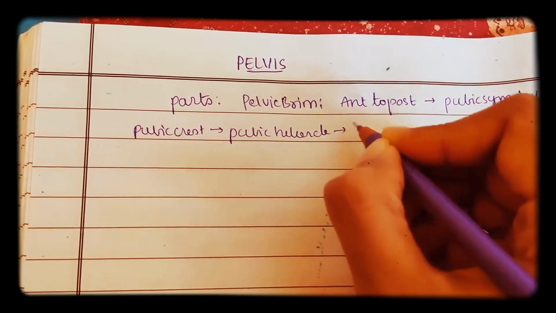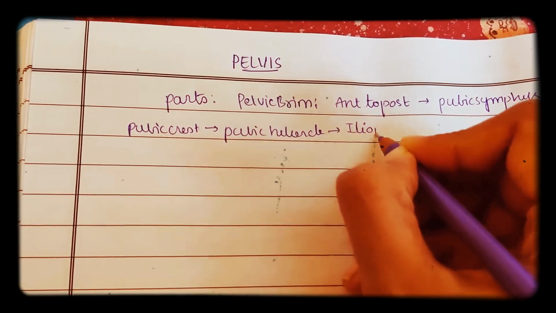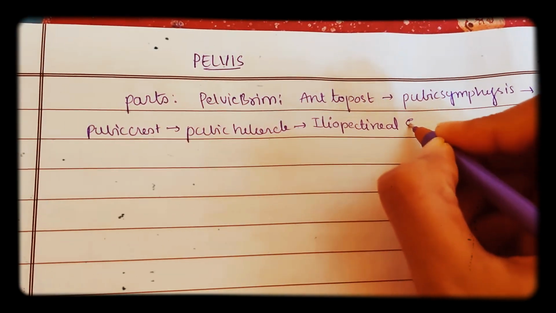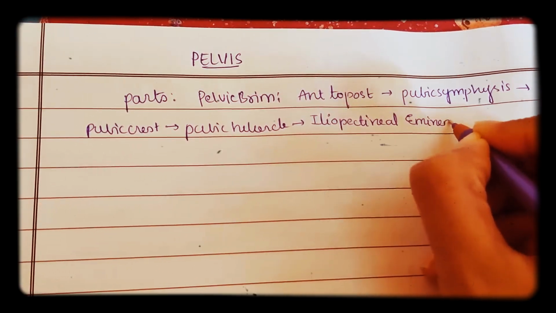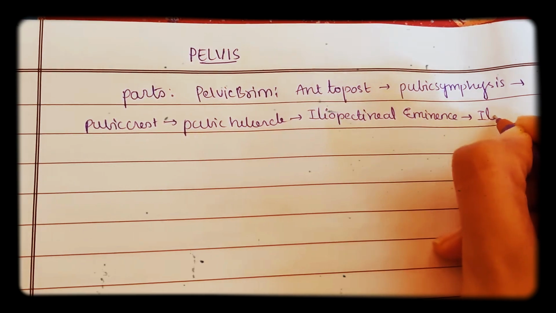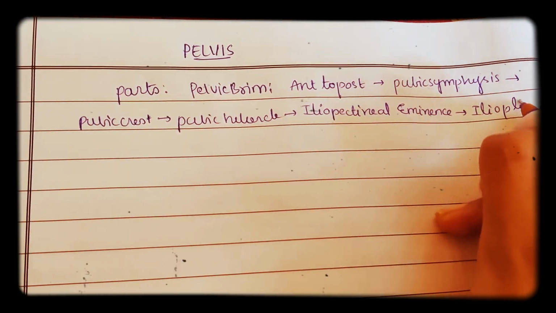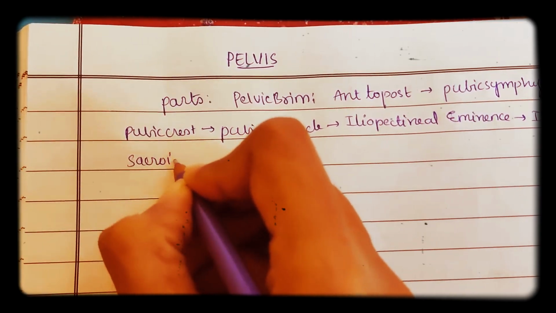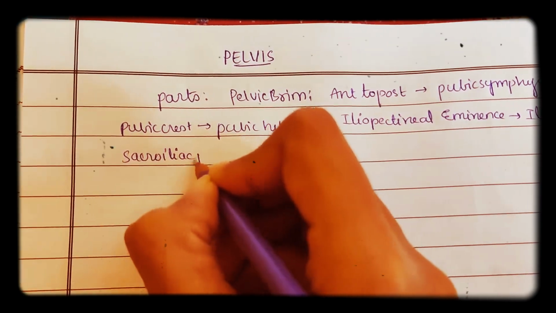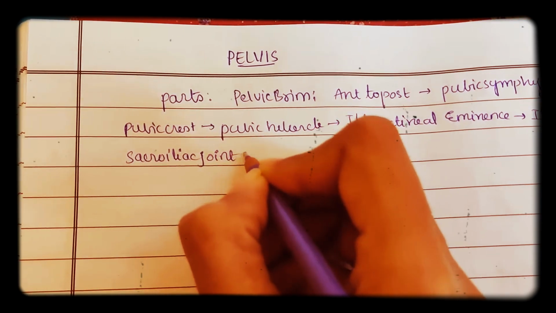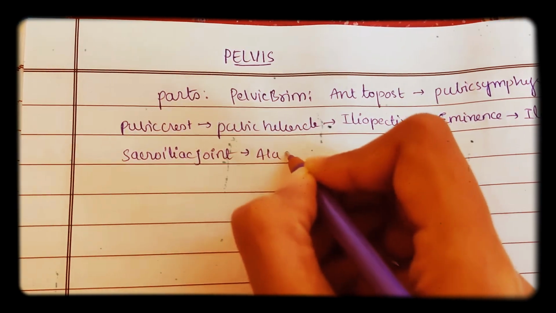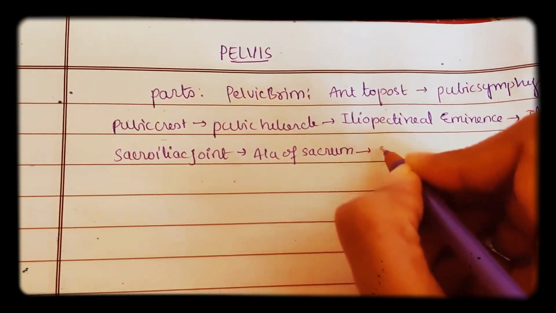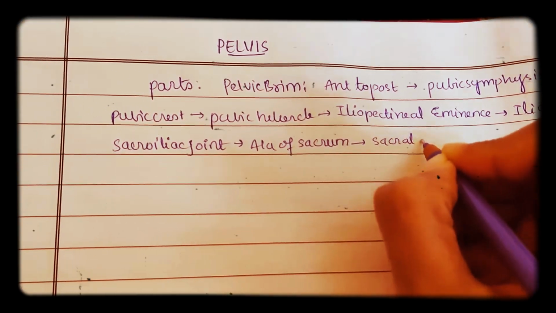After pubic tubercle you will have iliopectineal eminence, and after that you will have iliopectineal line. After that you will have sacroiliac joint. Following that you have ala of sacral bone, ala of sacrum, and following it finally you will have sacral promontory.